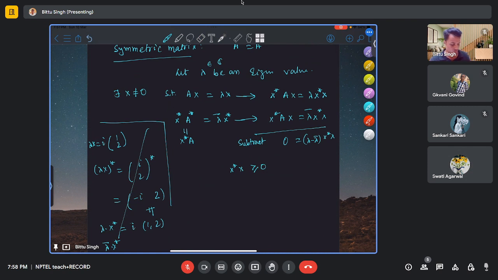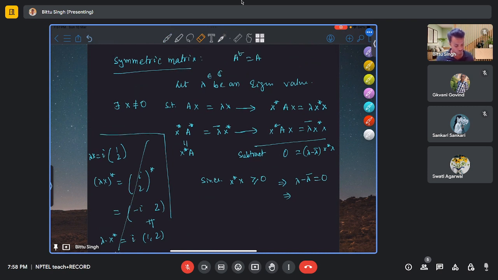Since this is non-zero, this will automatically imply that lambda minus lambda bar must be 0. So this says lambda is the same as lambda bar.